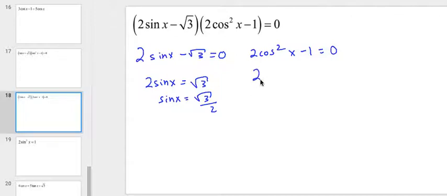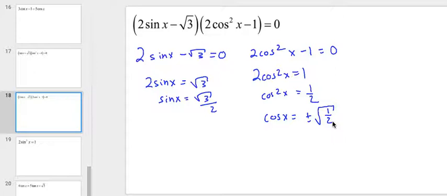The second equation, we've got 2 cosine squared x equals 1, then cosine squared x equals a half. Now when you take the square root of both sides, you're going to get cosine of x equals plus or minus the square root of a half. And so you've got to be pretty careful here when you deal with something like this, because that's not a number on the unit circle we know.